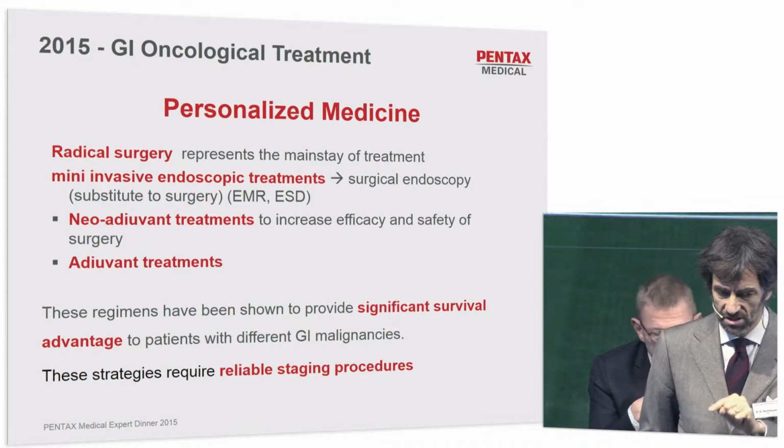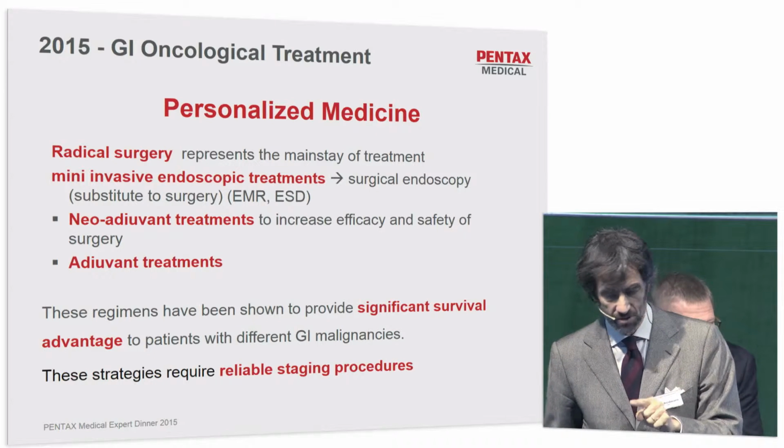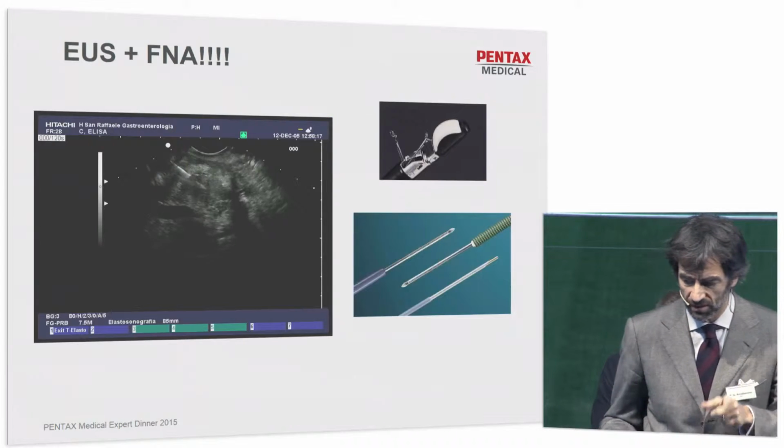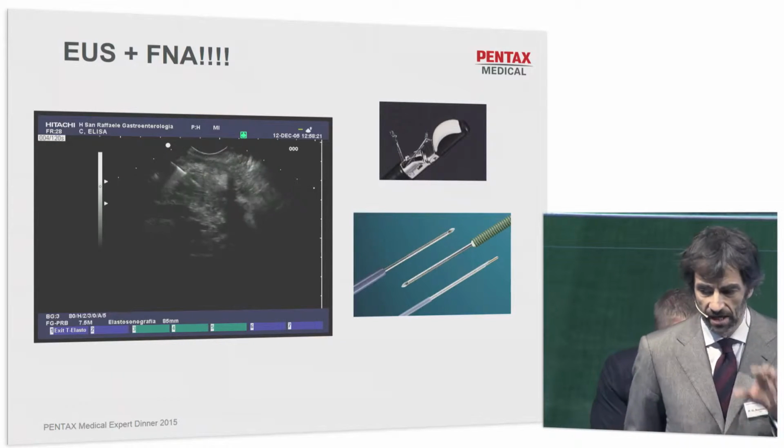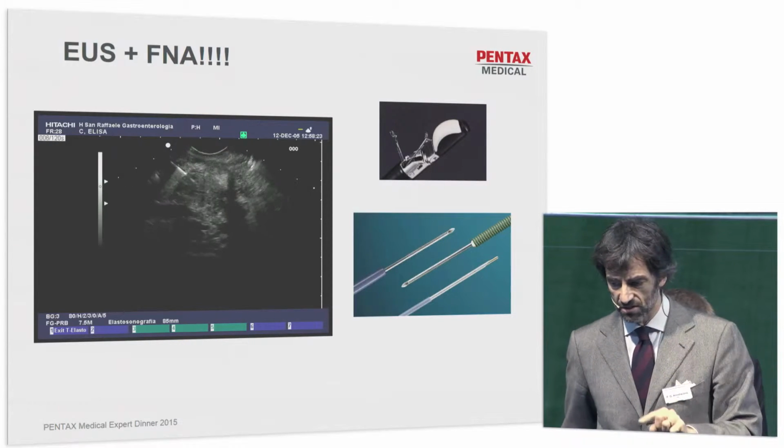So all these strategies require reliable staging procedures. And if we think about reliable staging procedures nowadays in GI oncology, EUS-FNA is the answer.